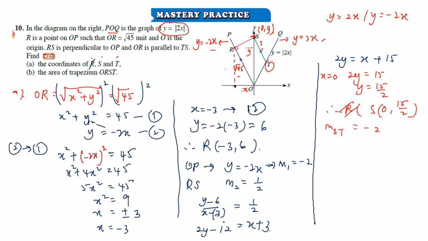Okay, so now we have the coordinates of S. From here we can get the equation of ST. So y minus 15 over 2 over x minus 0 equals negative 2. So y minus 15 over 2 equals negative 2x.